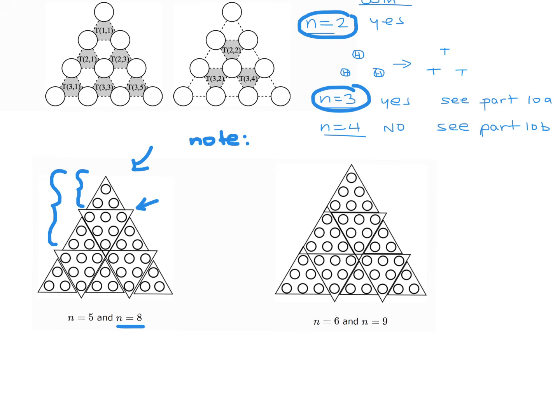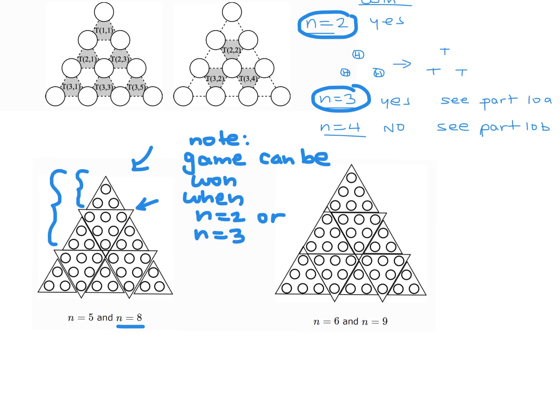Please note that the game can be won when n is equal to 2 or n equals 3. So work on each section of n equals 2 and n equals 3.